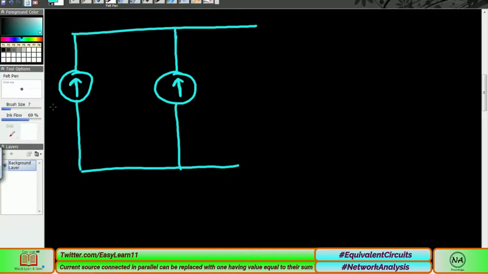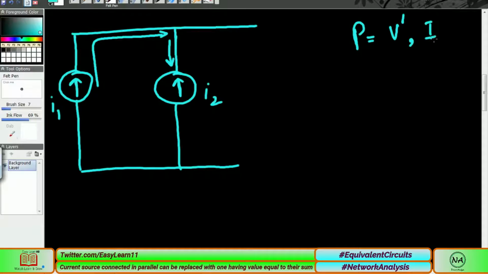In parallel combination, if this is current I1, just to call these two different sources, you can see the first current is coming here, and then the current is going here. If the other current source is I2, because this is a parallel combination, remember that in a parallel combination your voltage will not change, but the current will be added up if there are two current sources.